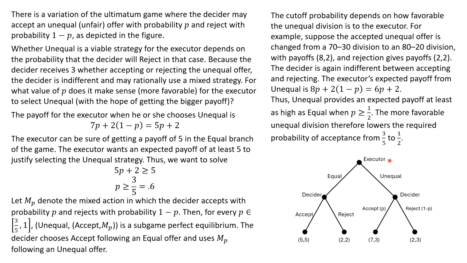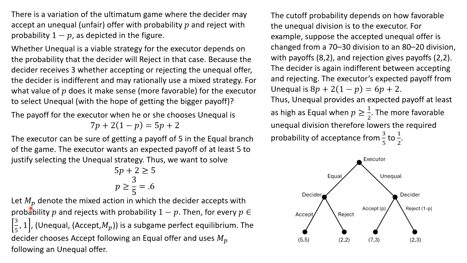And so the executor would want to have the expected payoff here bigger than 5. So the expected payoff would be P times 7, which I have here, plus 2 times 1 minus P, and that's, if you add this up, 5P plus 2, and that's greater than or equal to 5 when P is greater than or equal to 3/5.